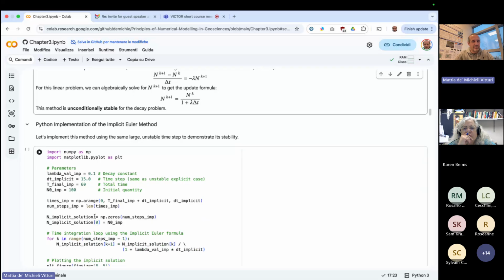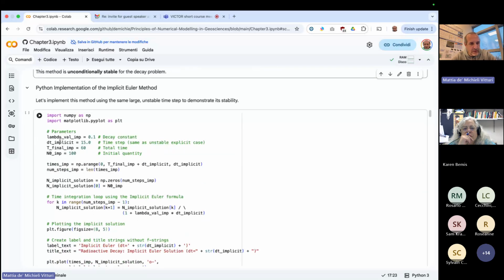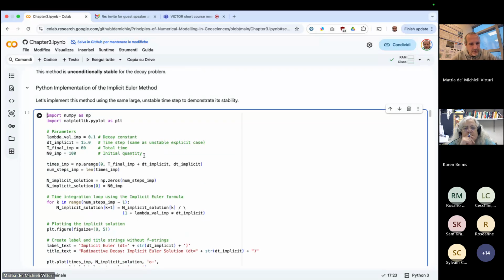And so here we have exactly the same script. At the beginning, we have the definition of the parameters. You can see that here we have 15 as time step. So the time step that was giving us a problem and an instability with the explicit method. Then we create the array of the time steps. We compute the number of time steps. We initialize the array for the solution.